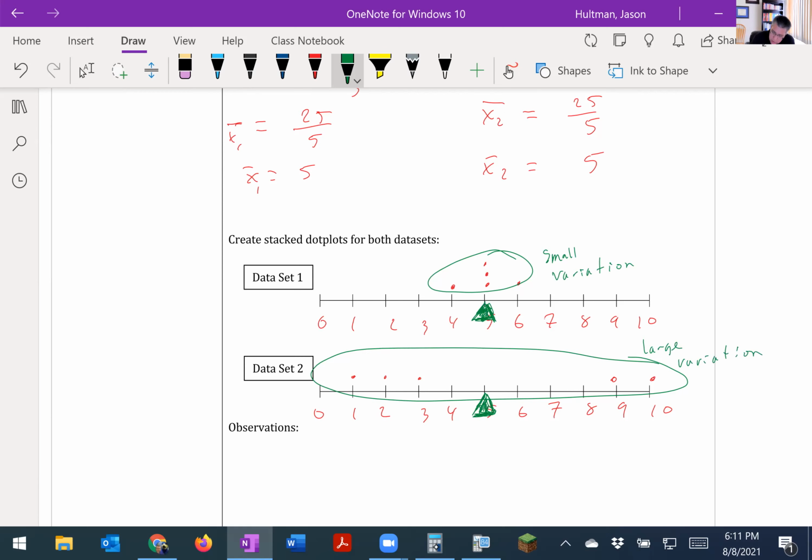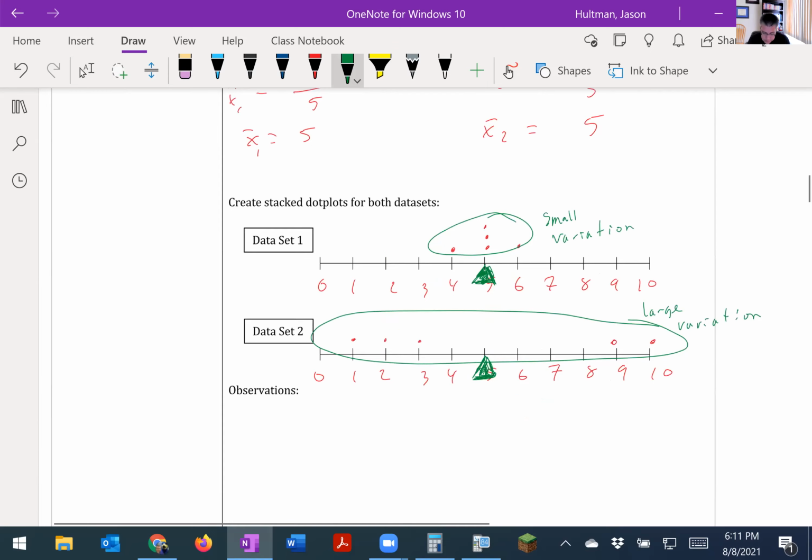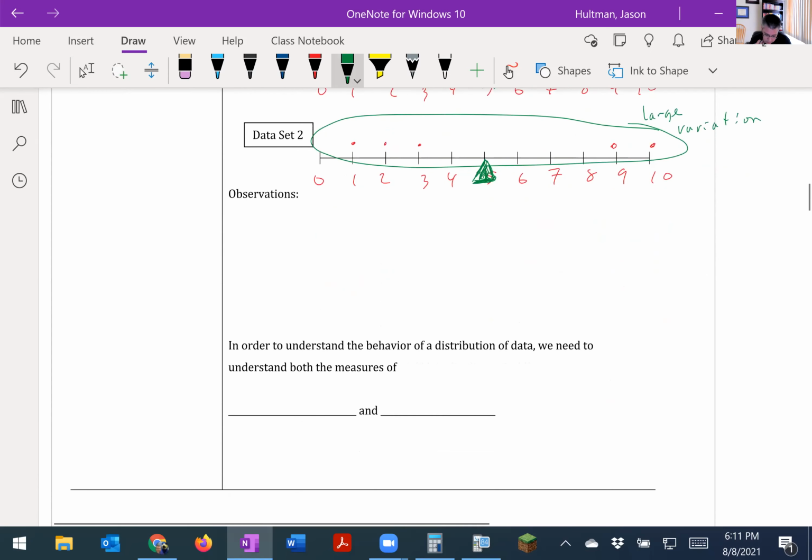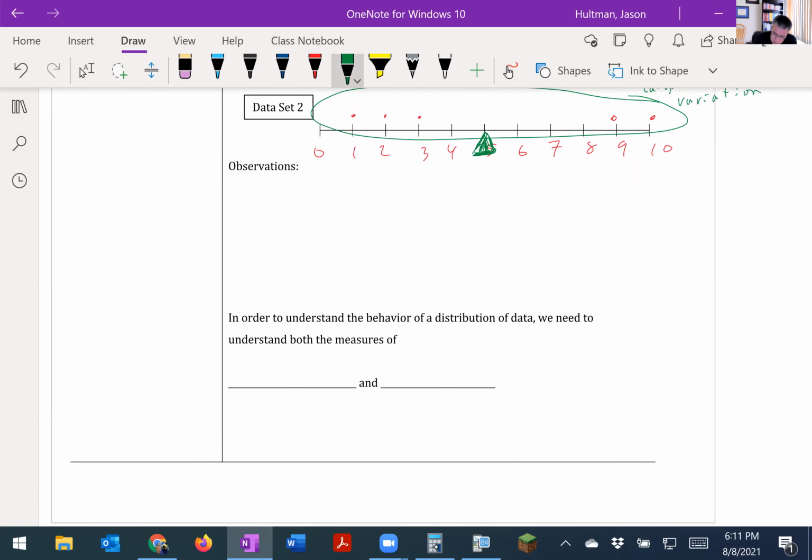So we'd like a way to get a numerical number that calculates how much variation is occurring, and that's standard deviation. Okay. So in order to understand the behavior of the distribution, we need to understand both the measures of center, which in this case is the mean, and spread, which in this case is going to be the standard deviation.